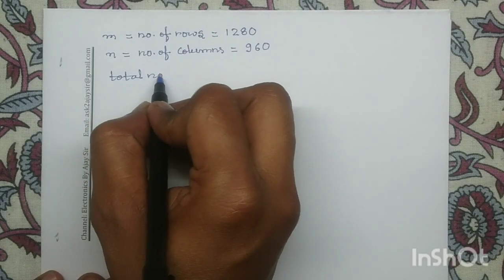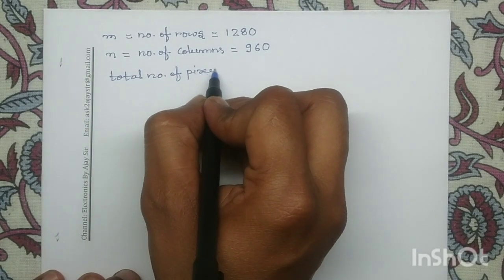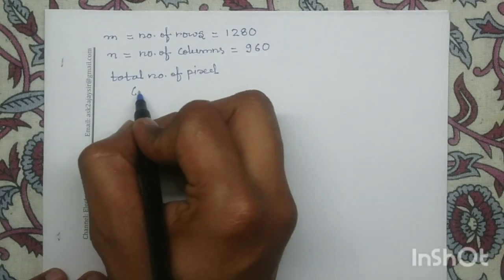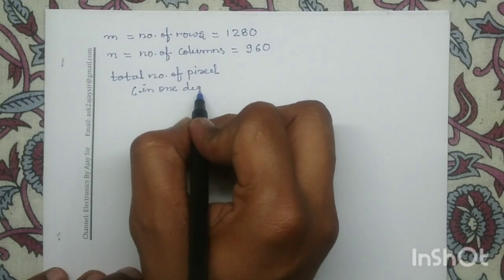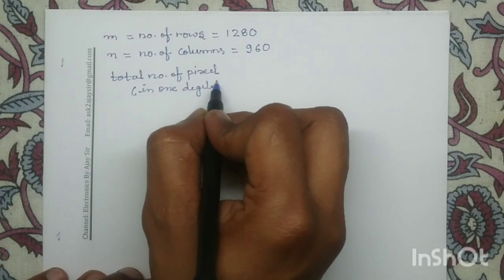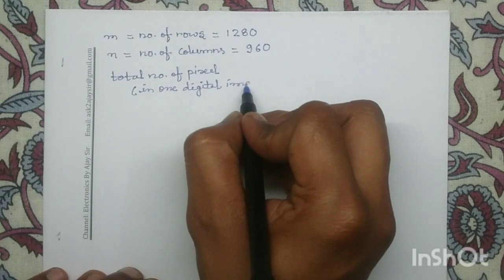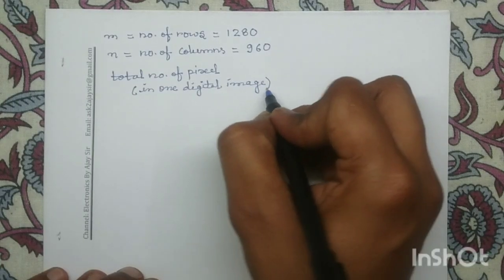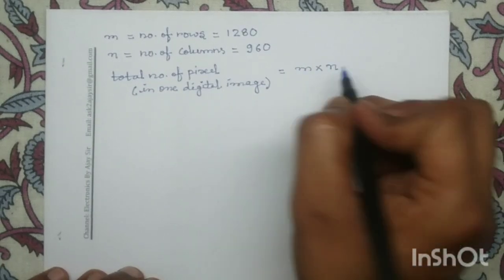So total number of pixels in one digital image is nothing but the number of rows multiplied with the number of columns.